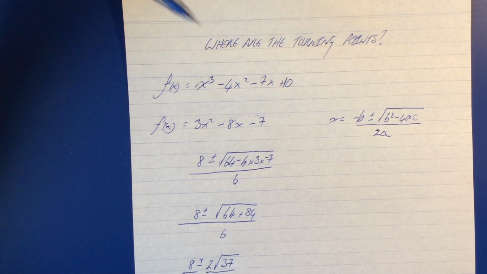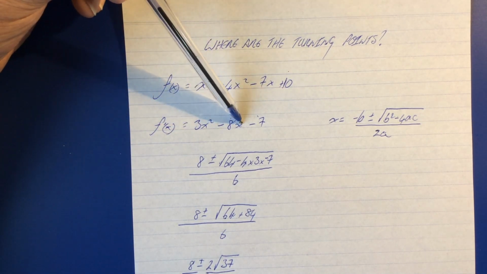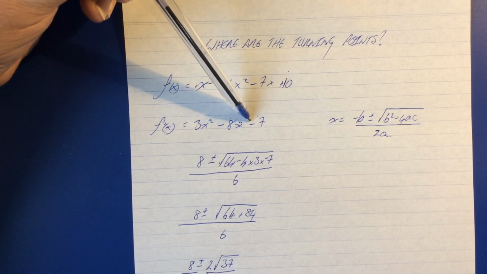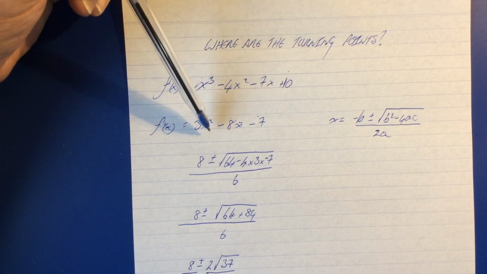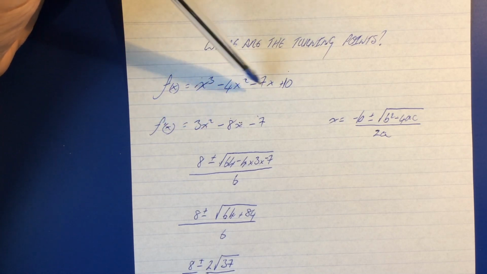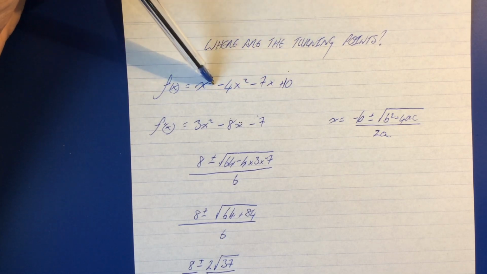So, if we put those two things together, the differential of this cubic, when this equals 0, gives us a rate of change of 0. If we can solve this thing for 0, we will find the x-coordinates of the points at which this thing has its turning points.